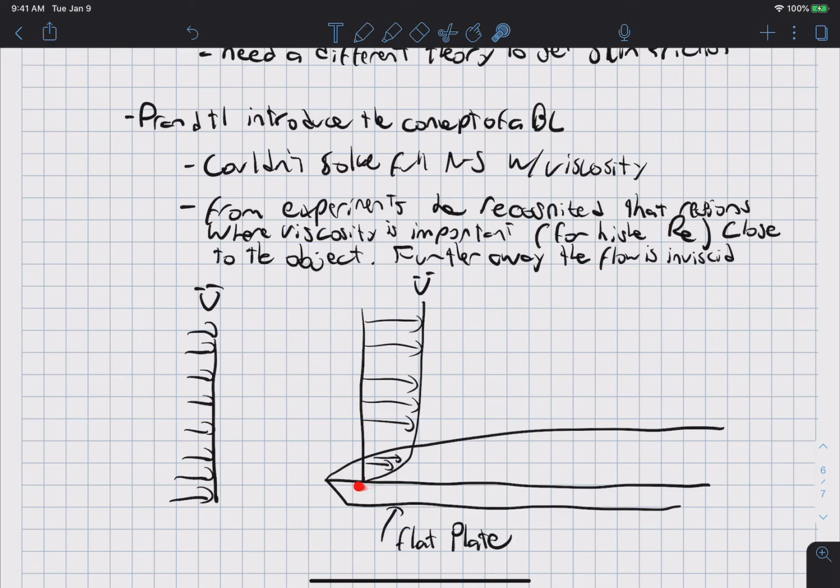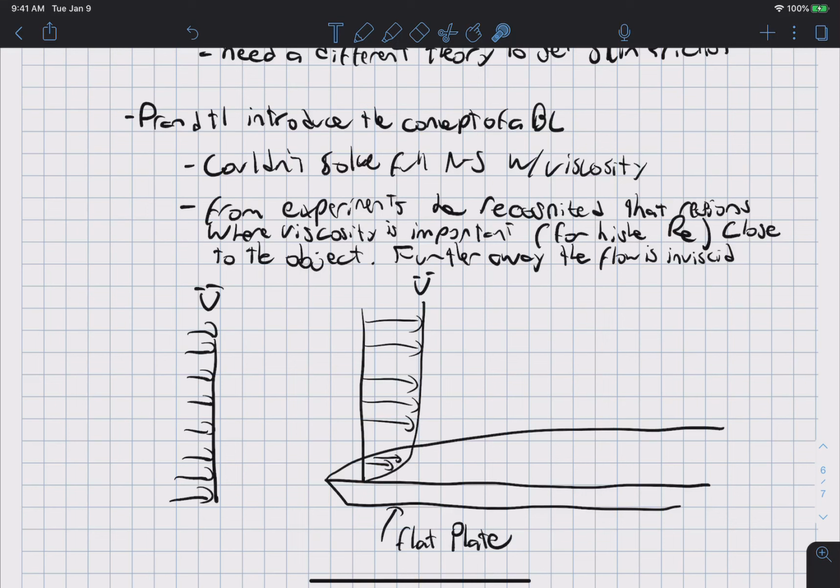Remember that when a fluid interacts with a solid wall and it's a viscous fluid, the no-slip condition holds, so the velocity of the fluid is 0 at the wall of the flat plate. The fluid has to stop.